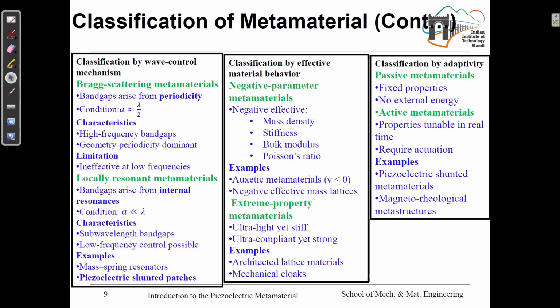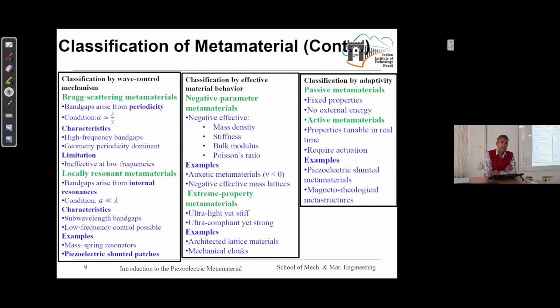As we have seen, metamaterials are designed for dynamic loading, that is, to control the waves. Because when we have dynamic loading, we have vibration waves, sound waves, thermal waves and so on.